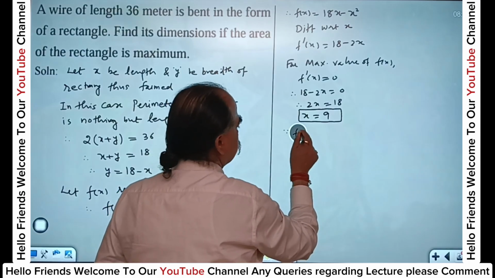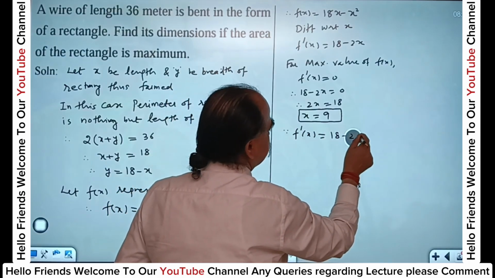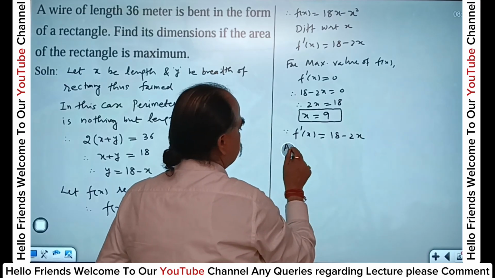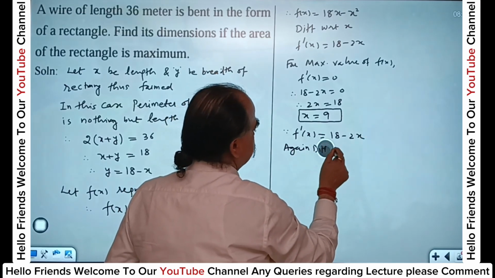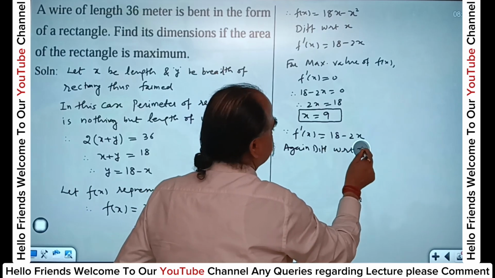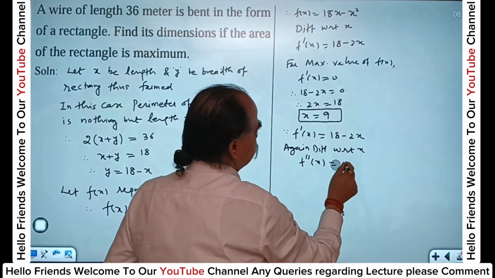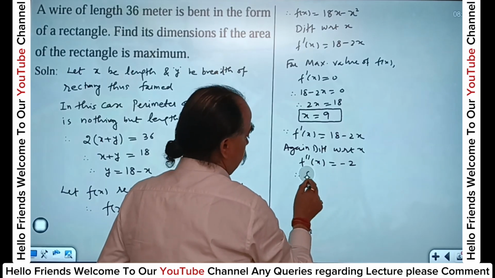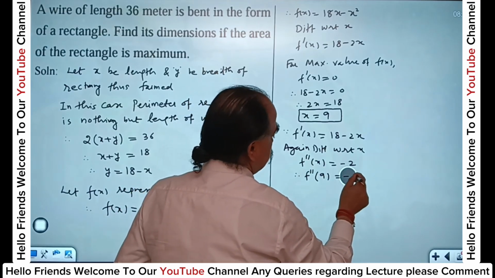Since f dash x is what? 18 minus 2x. Again differentiating with respect to x, f double dash x is what? Minus 2. f double dash at 9 is what?